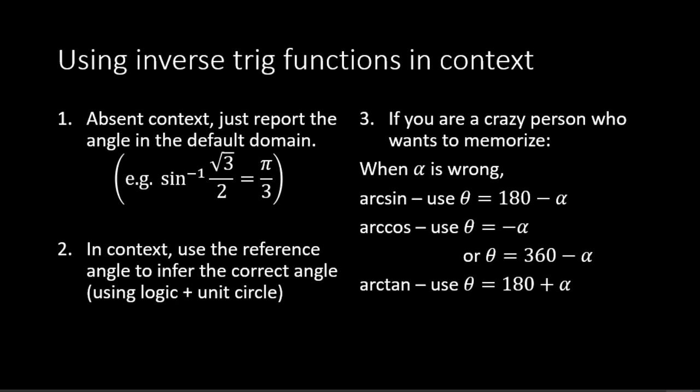Arctangent is actually the easiest to remember. So if you're going to memorize one of these, and then just make sure that you can always use one of these, arctangent's the way to go. Because if your reference angle is not in the correct quadrant, the correct angle is always 180 degrees off. So you just keep adding 180 degrees, or pi if you're doing radians, until you get an angle that's in the correct position.